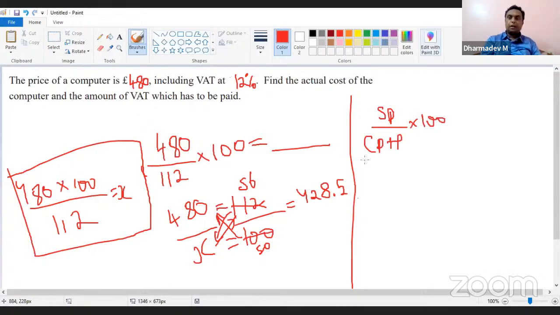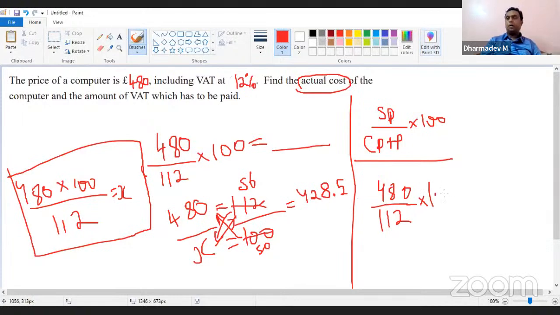In spite of that, an easy way to remember is that the selling price is 480, or this price is added with the tax. The tax is 12%, that means 100 plus 12 is 112. I want to find the actual cost price, that means it is always out of 100, so multiplying it by 100. That's all.